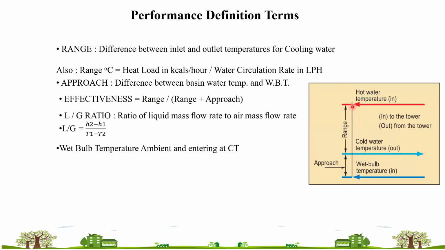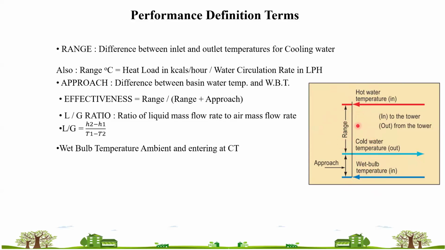Range plus approach means the total temperature difference that was possible from inlet to this temperature. This was the possible output from 32 degrees Celsius: you can cool down to 25 degrees Celsius, or 34 to 25. So 9 degrees Celsius was possible, but you were able to do only 5 degrees Celsius.